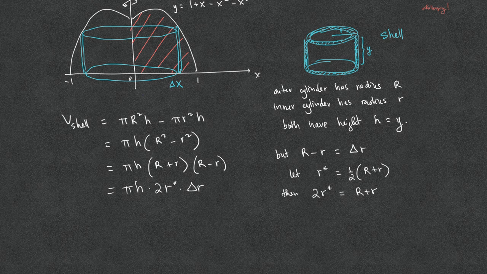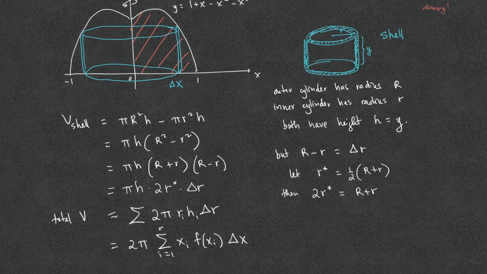And so the total volume is the Riemann sum of 2 pi r_i h_i delta r, as i goes from 1 to n. And if we take n to infinity, this will give us the definite integral 2 pi, the integral from a to b, x times f of x dx.